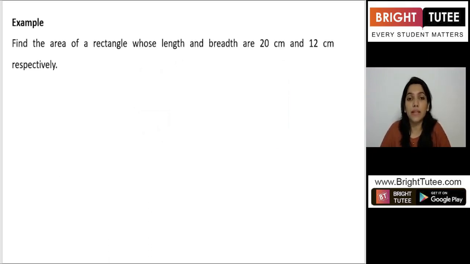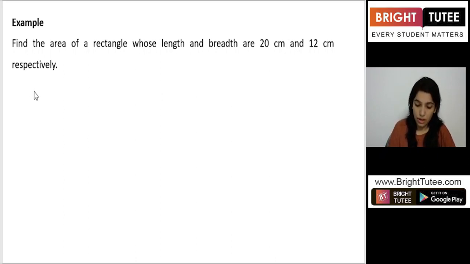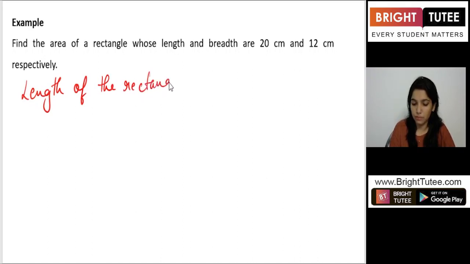It says find the area of a rectangle whose length and breadth are 20 centimeters and 12 centimeters respectively. So in order to find the area, let us write down: length of the rectangle is equal to 20 centimeters.